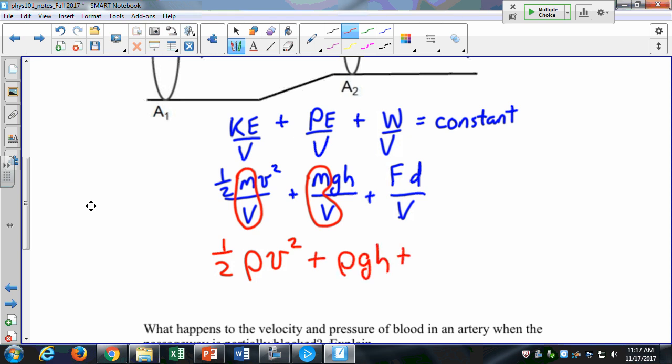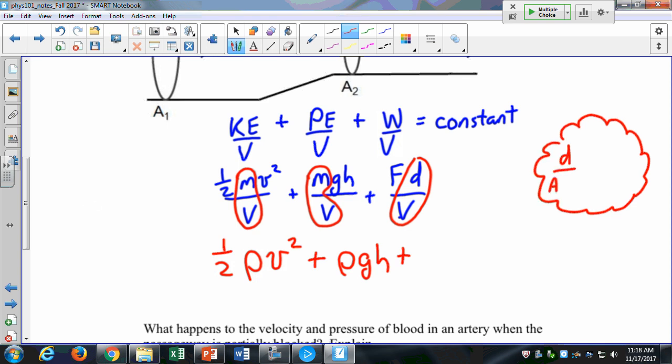Plus, and this is not so obvious, but if I have a distance over volume, remember, I'm going to put over here in a little thought bubble, as you remember back to the previous page, that volume is equal to area times distance, right?